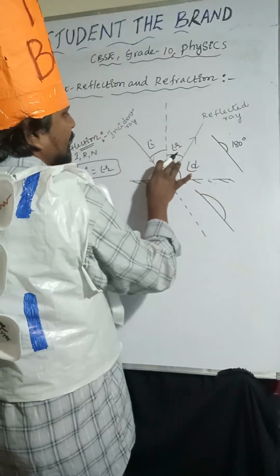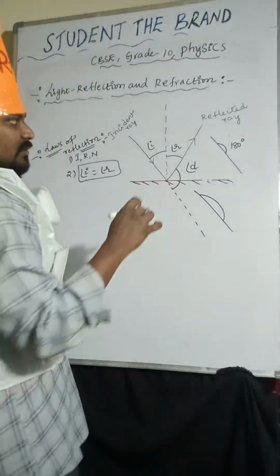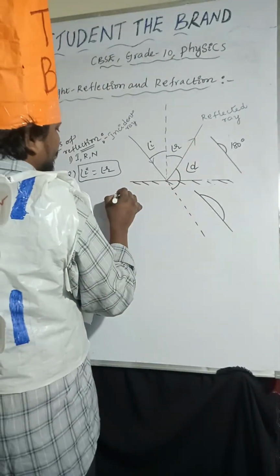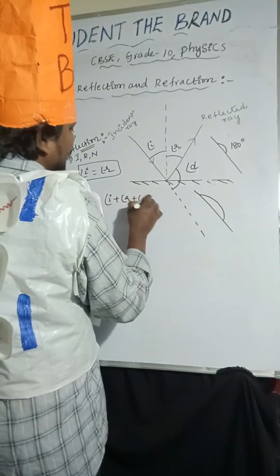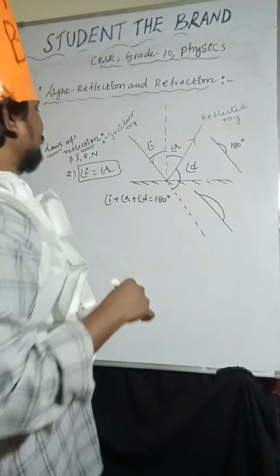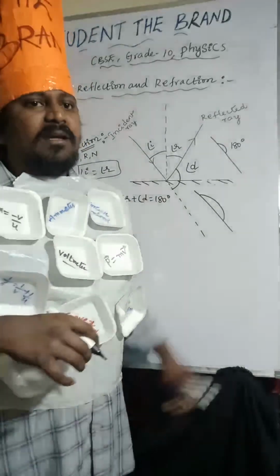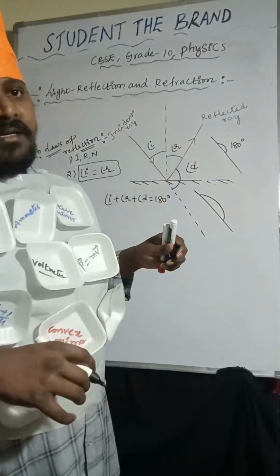So angle of incidence plus angle of reflection plus angle of deviation equals 180 degrees. Clear?